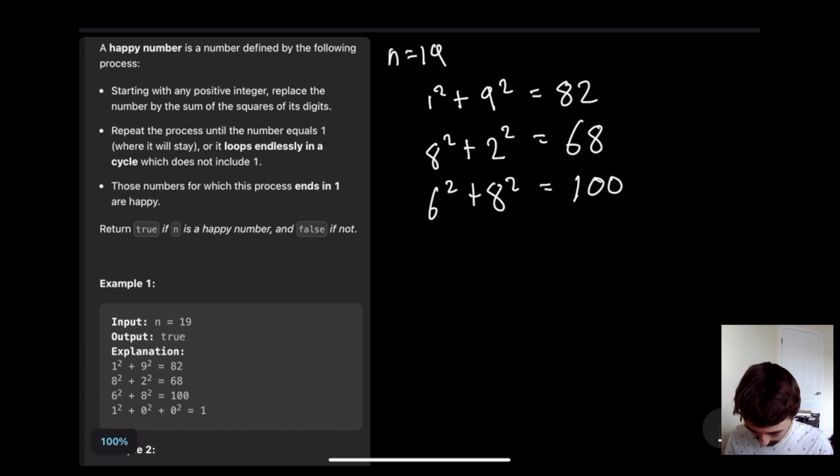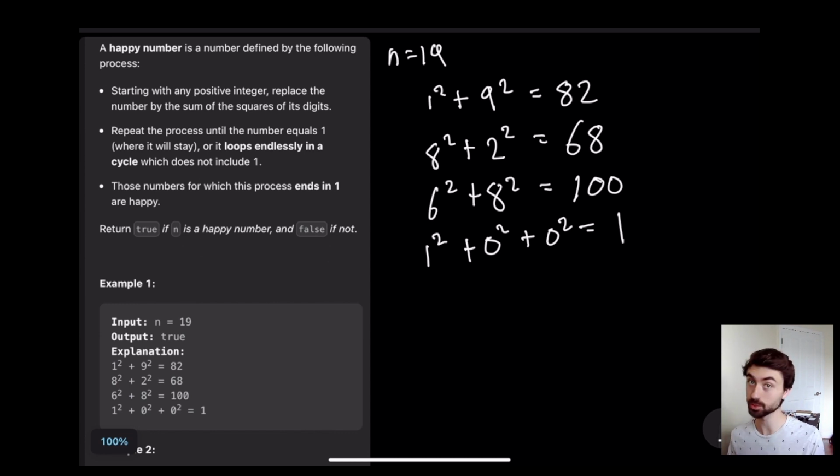And then finally we do it for 100, which gives us 1. And that's where we stop, because 0 squared is 0. So this would just be 1. And because we hit 1, it ends in 1, so it's happy. So we return true. 19 is a happy number.